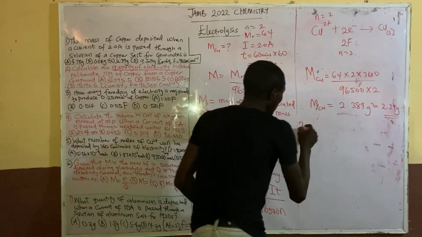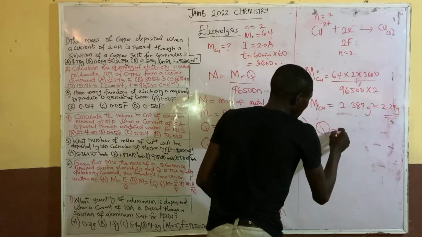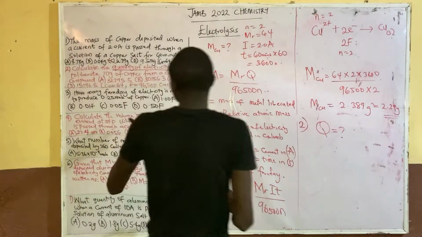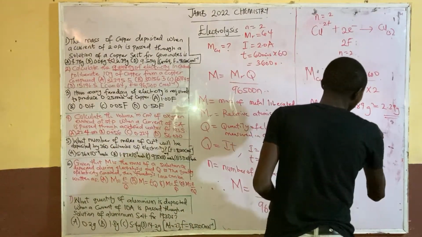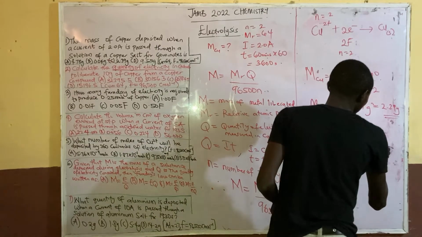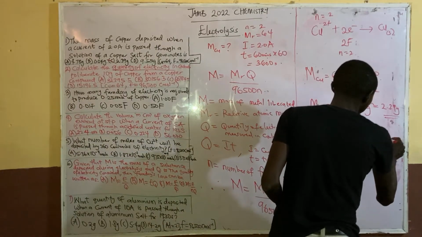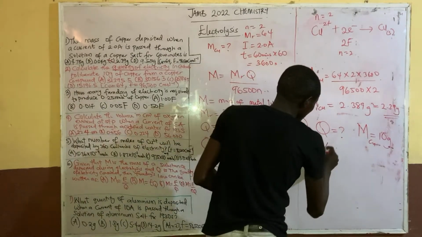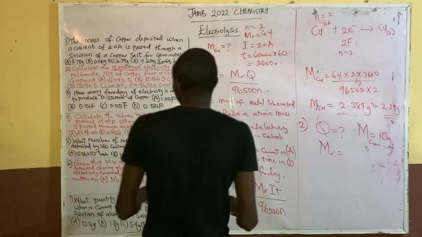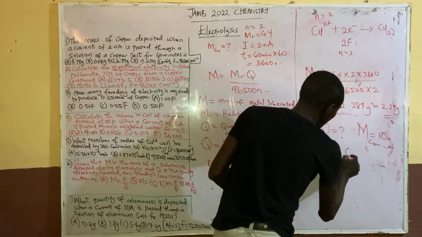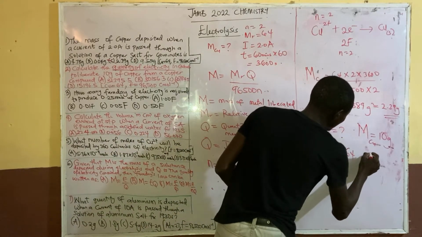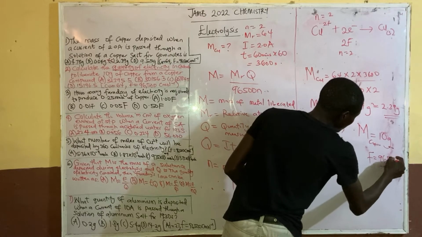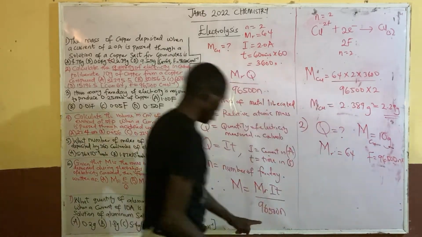Now, number 2: we are looking for Q, to liberate a mass of copper equal to 10 grams. We are given the Mr, the relative atomic mass, as 64 as well, and the Faraday constant is equal to 96,500. N. So this Faraday constant.